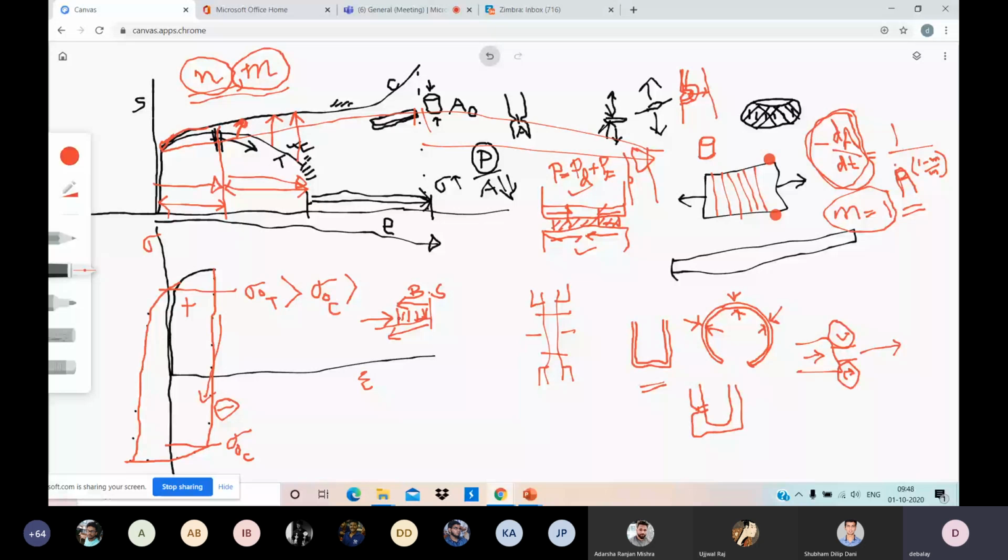So some of those negative dislocations will cancel the positive dislocations. Initially, the positive dislocations strain hardened the material, but when you are creating some negative, they will reduce the strain hardening effect also. So these are the two reasons, and this phenomenon is called the Bauschinger effect.